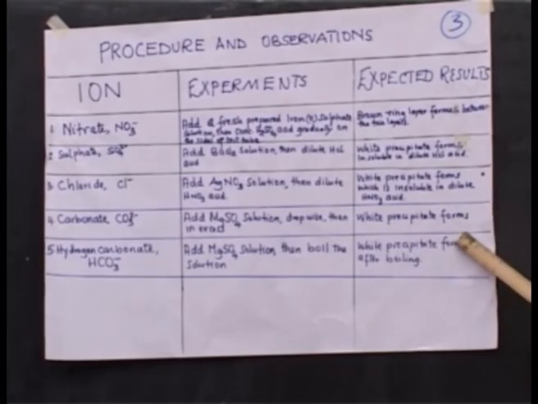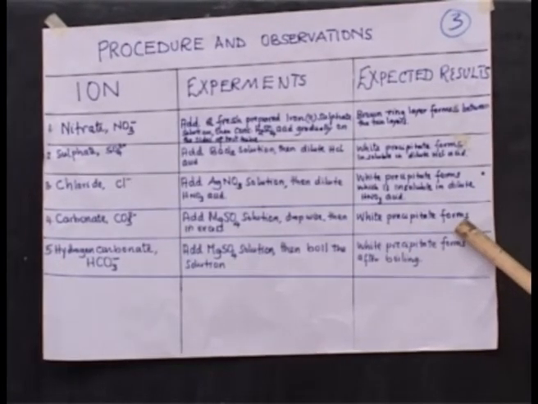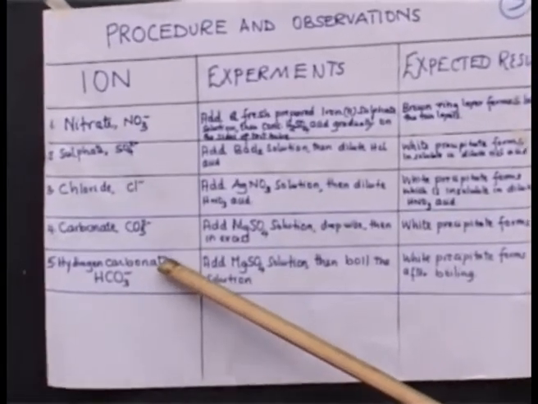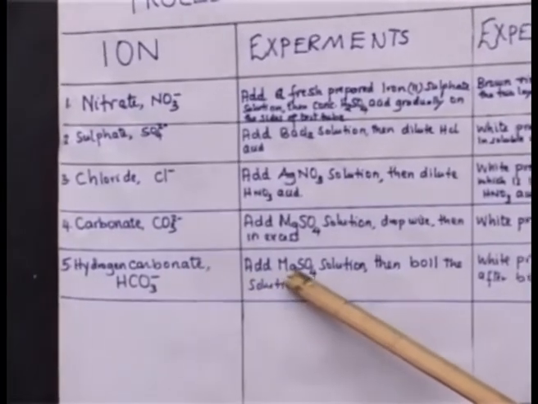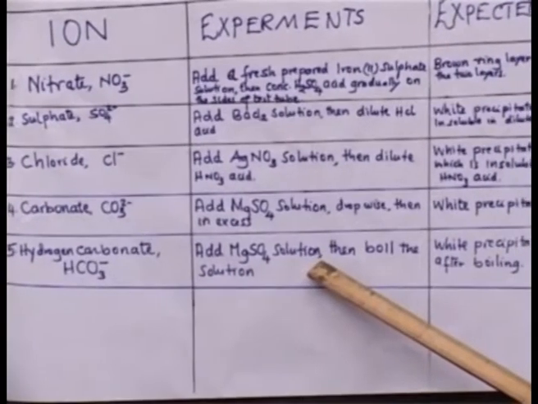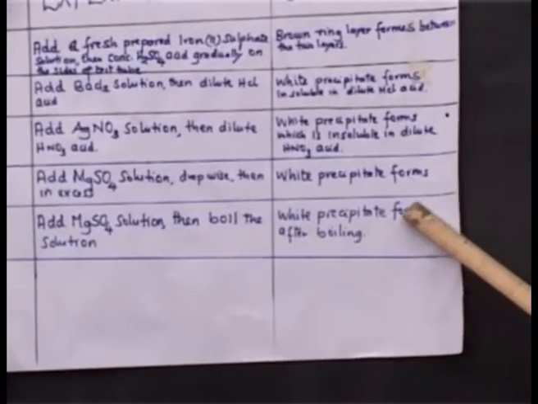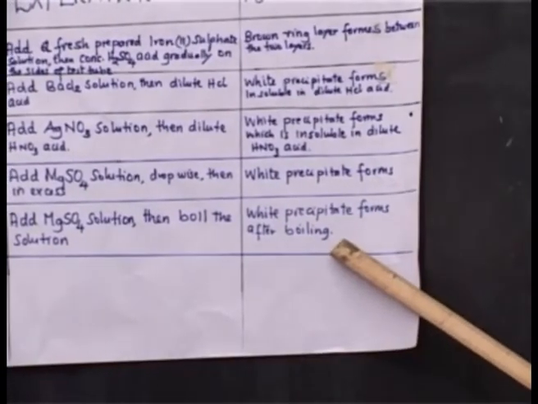A white precipitate forms. To confirm hydrogen carbonate ions, you have to add magnesium sulfate solution, then boil the solution. A white precipitate forms after boiling.